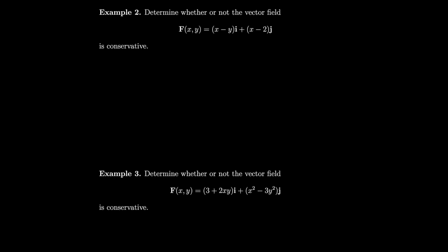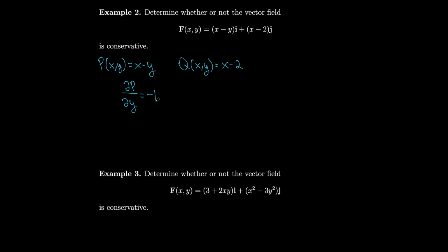First, let's see if this vector field is conservative. So let's look at p of x y, our first component function, which in this case is x minus y. And we'll look at q of x y, which is x minus 2. And we'll look at the partial of p with respect to y.